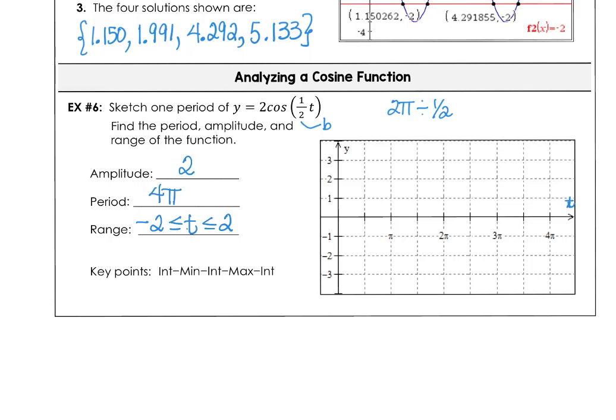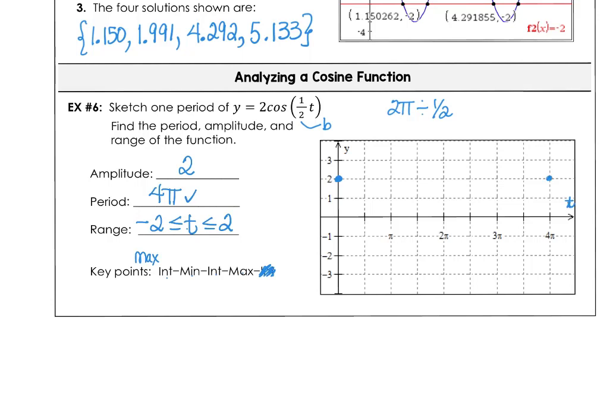The key points would be maximum, intercept, minimum, intercept, maximum. So we need maximum, intercept, minimum, intercept, maximum. So maximum at 0, and the end would be at 4 pi, so another maximum.